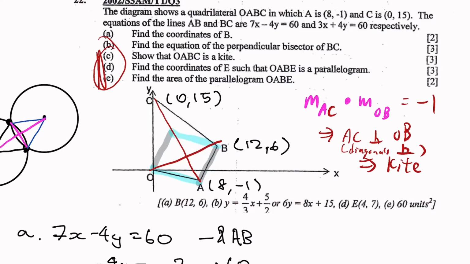What do you notice? This point here lies along the diagonal, right? But is that necessary for a parallelogram? In my drawing, it looks like it passes through, but does it always need to pass through?